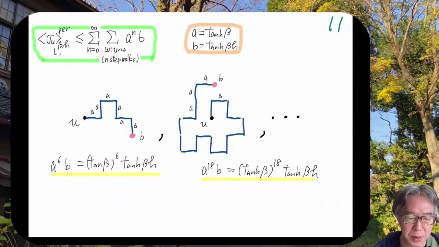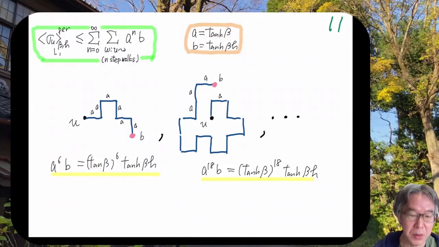And here is a factor a to the n times b, where a is actually hyperbolic tangent beta, and b is hyperbolic tangent beta h. This is a stochastic geometric upper bound, in the sense that we are summing over all different patterns of random walks. So they are stochastic geometric quantities.